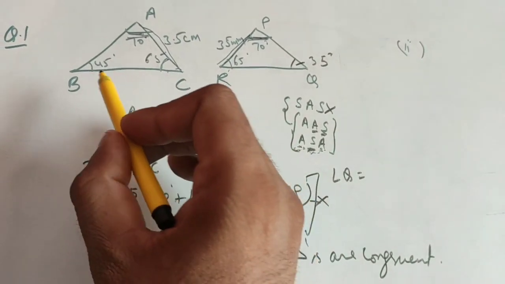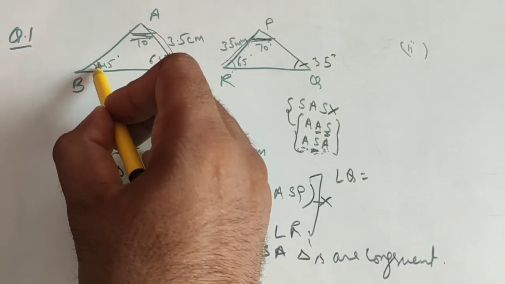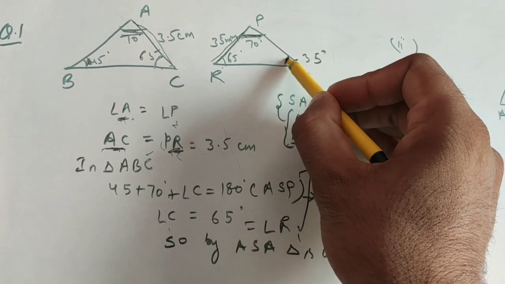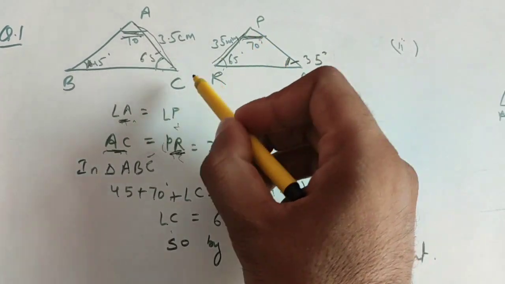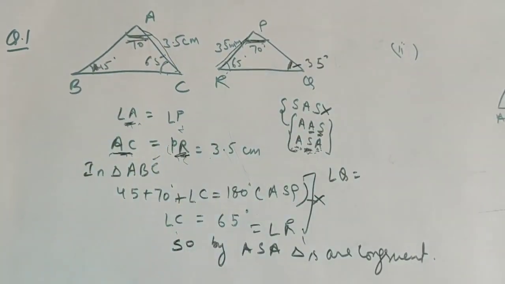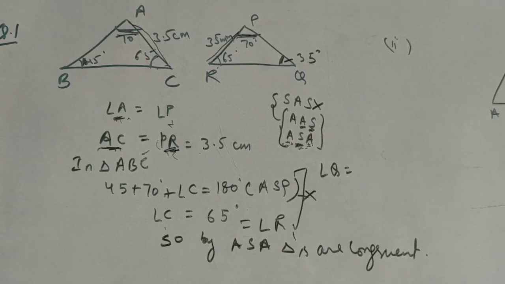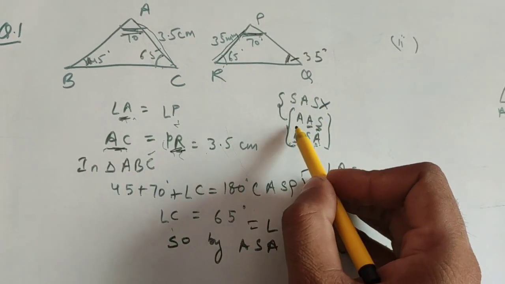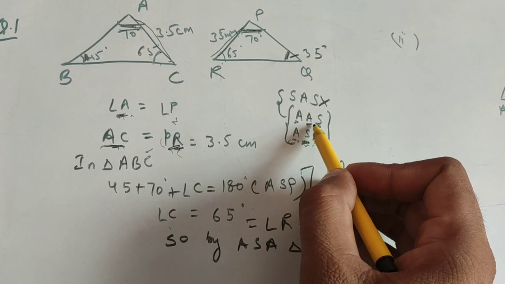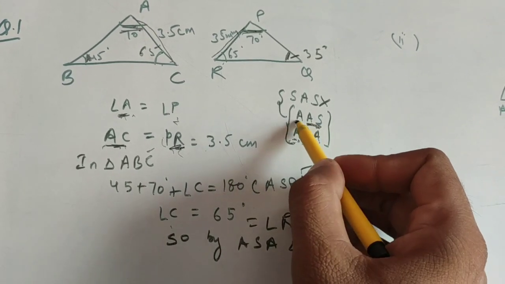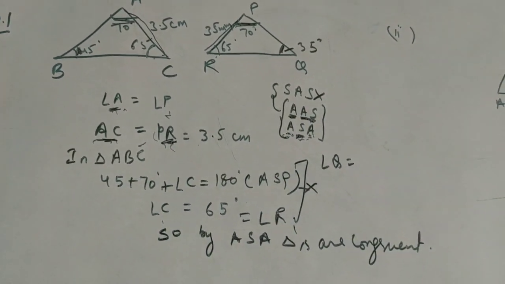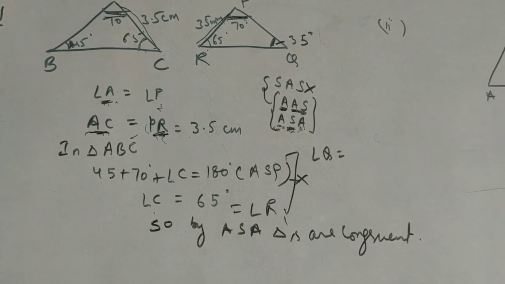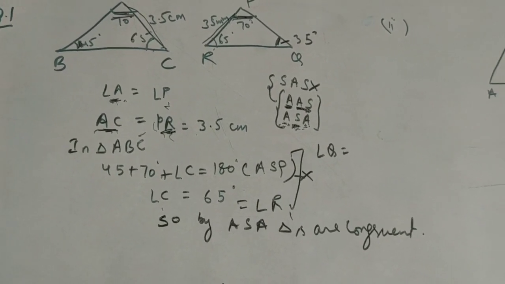This angle 45 and this angle 35 do not have any relation with PR or AC, so one angle is contained by the side and the other one is different. In that case we can use AAS.